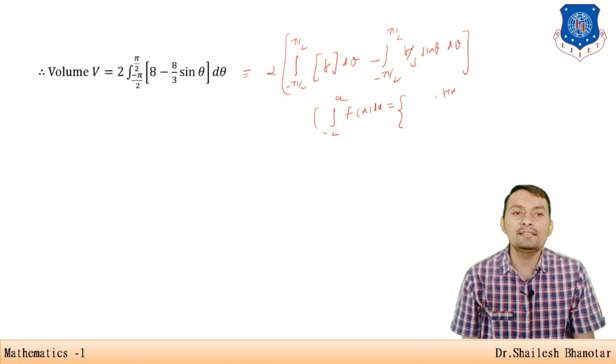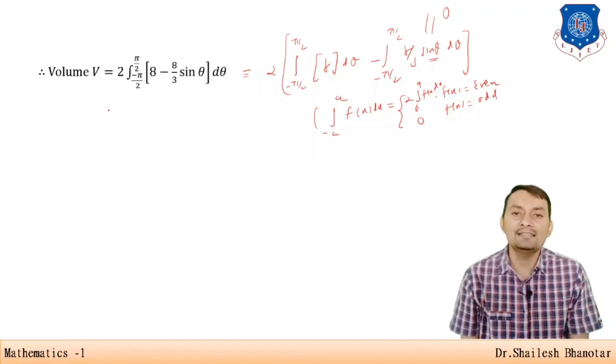If f of x is an even function, the integral is 2 times the integral from 0 to a of f of x dx. But if f of x is an odd function, it will be 0. Using this, sine is an odd function, so this part will be 0. But 8 is a constant function, which is even.